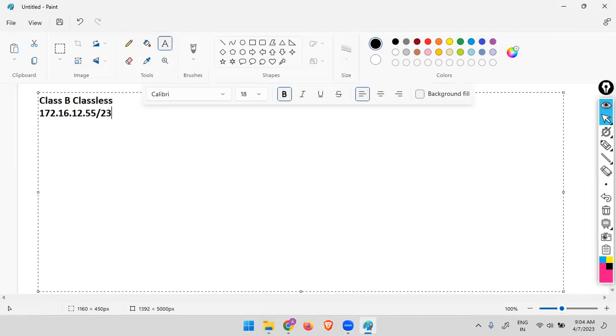Now see here. Number of network bits? 23. Number of host bits? 9. Subnet mask.